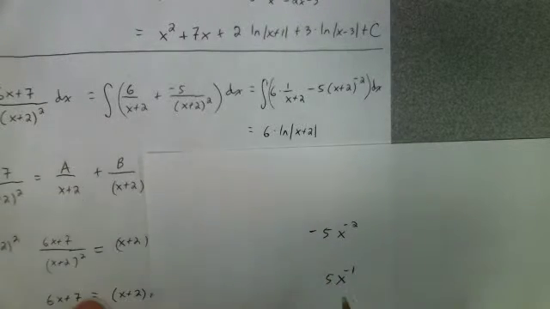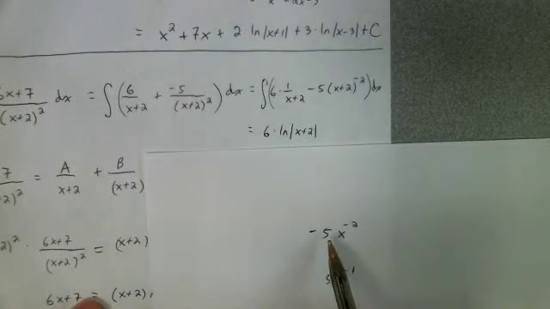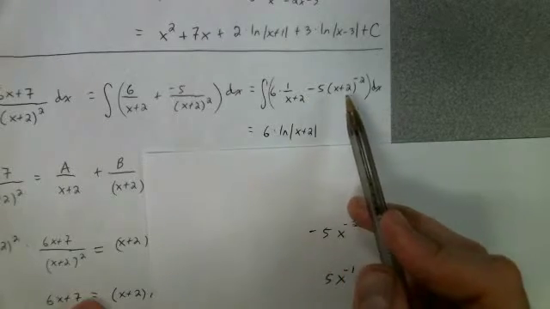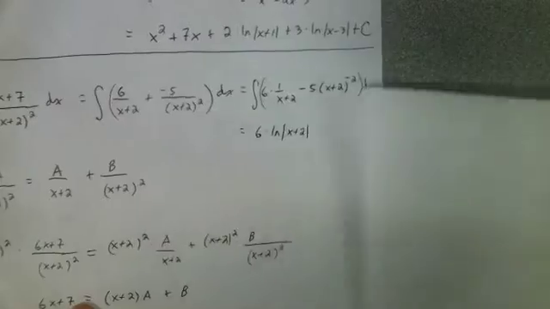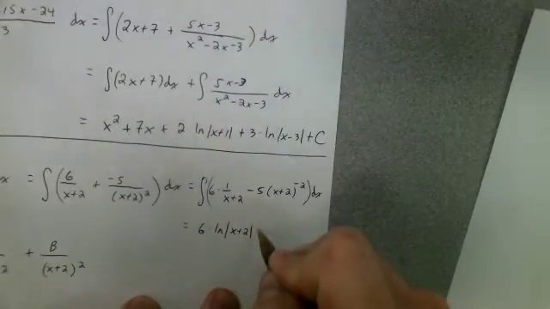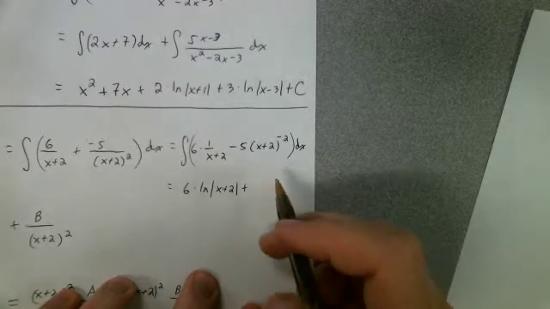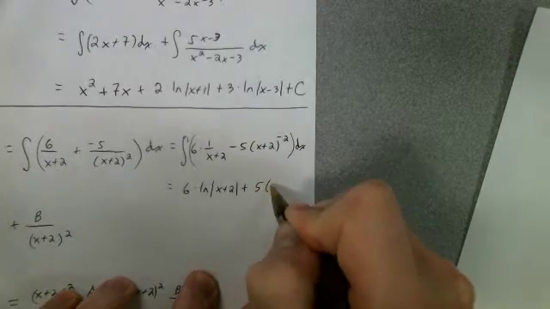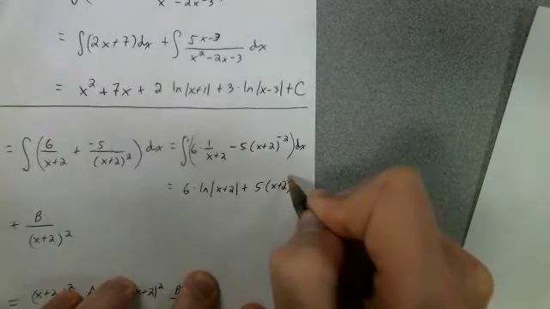Okay, well, if I put a 5 here, the derivative of this guy is this guy. Well, finding an antiderivative of this guy is very similar to finding an antiderivative of this guy. So I'm just going to take a wild guess here, and I'm going to guess that an antiderivative of 5 times (x + 2) to the negative 2 is 5 times (x + 2) to the negative 1.